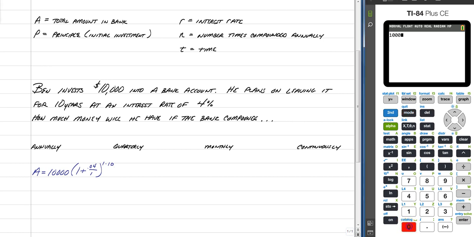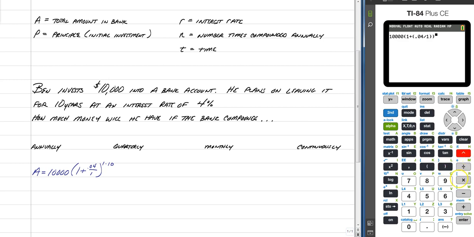So we have 10,000, and then we need to multiply that by 1 plus a new fraction, which is 0.04 for the rate, divided by 1. Now we don't necessarily have to divide by 1, but when we divide by 12 and all that, you're going to need it. Make sure you close your parentheses twice.